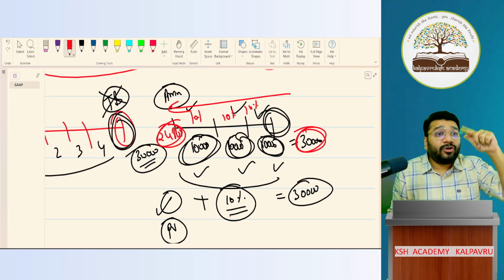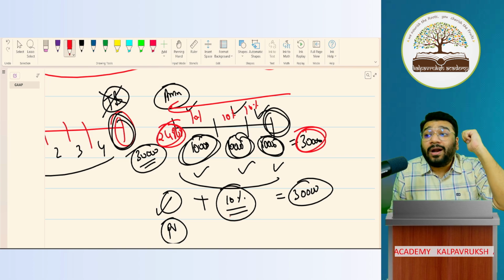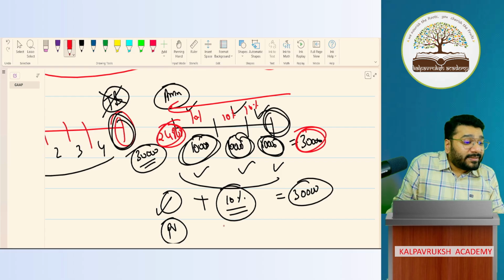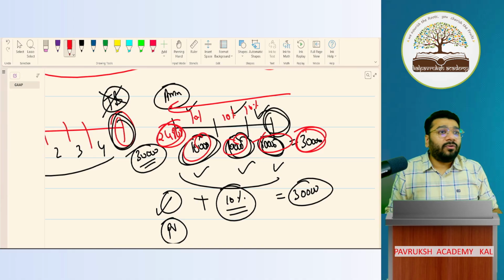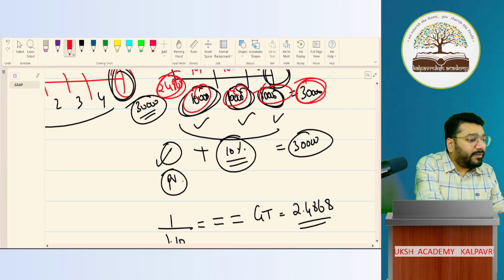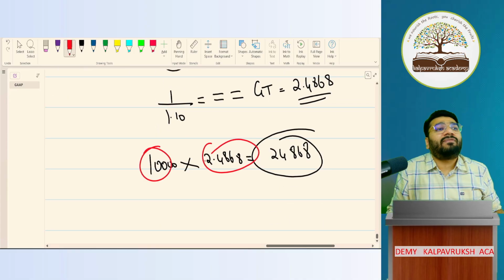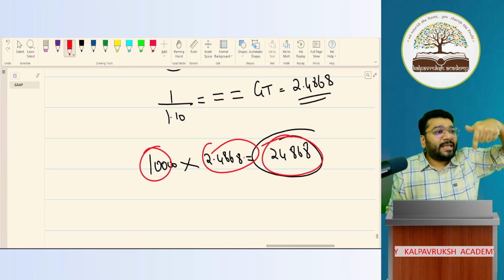Present value means I have to do discounting of the future cash flow. What is this 10,000? Future profit. 10,000 rupees of future profit multiplied with the annuity factor gave me the present value, today's value.